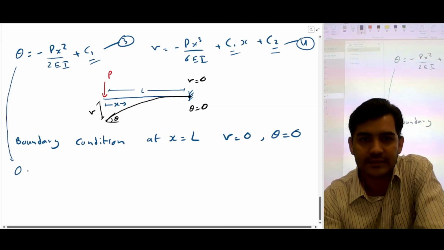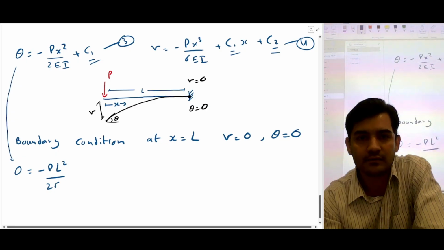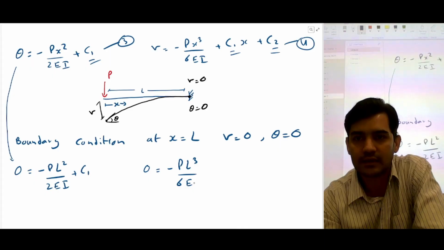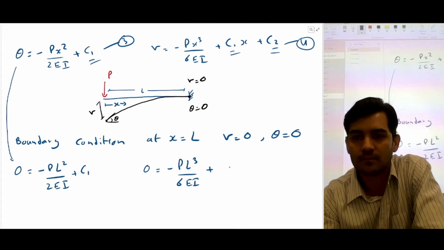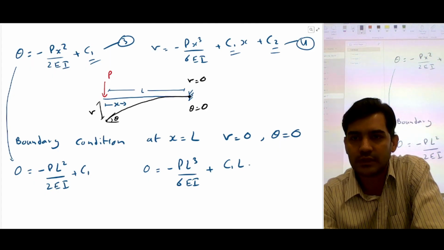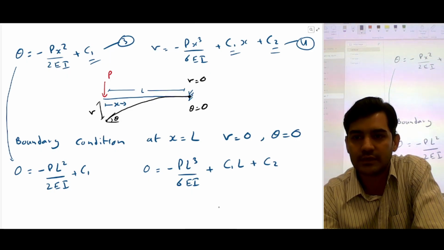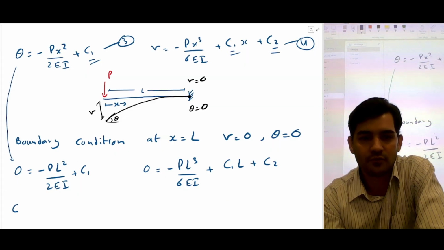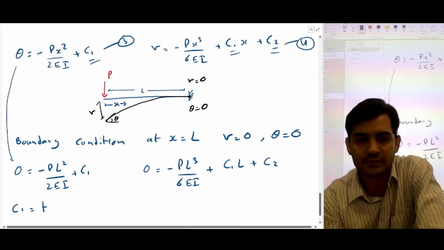So this is 0 when x is L. This is also 0 when x is L. C1 L plus C2. So from here we can calculate C1, which is PL square over 2EI.